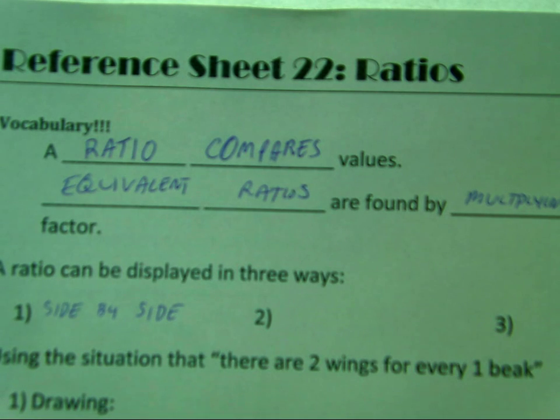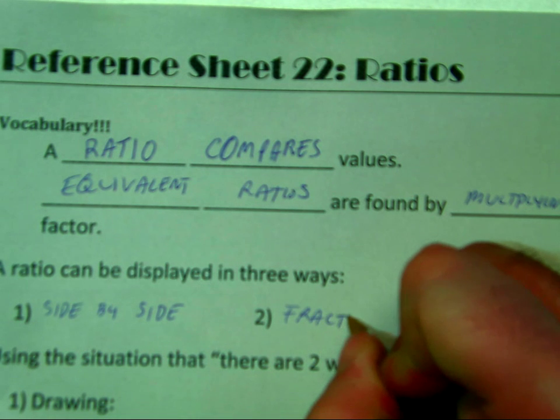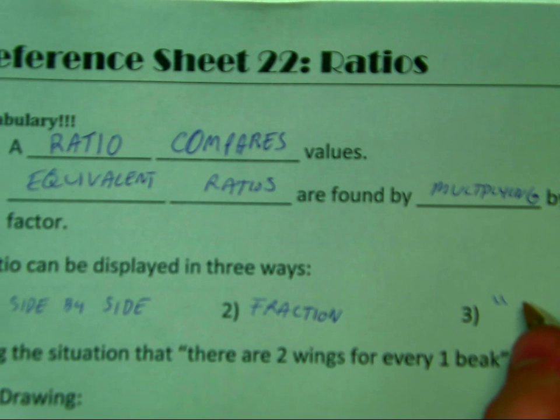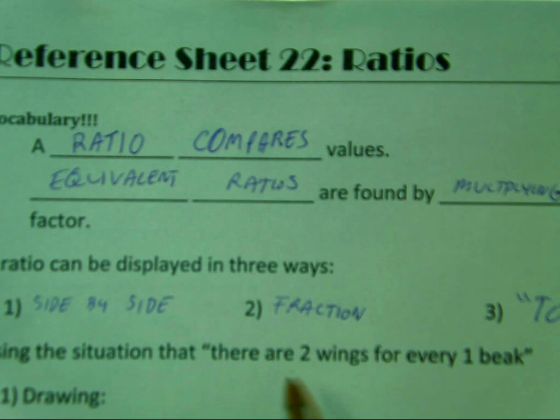One is as a fraction. And one is by using the word "to". The word "to". Okay? So, in this situation, there are 2 wings for every 1 beak.